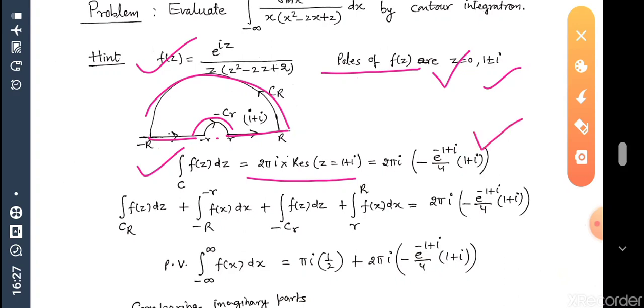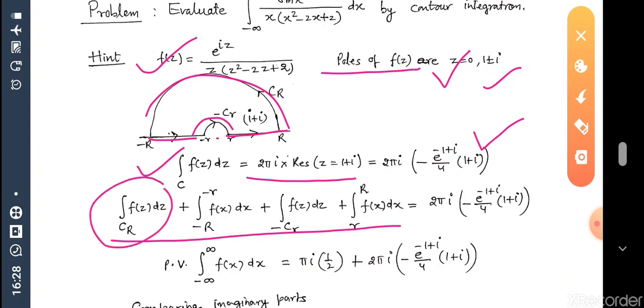So we calculate this value, and then we put the value of the integration over C of f(z) dz as the sum of 4 integrations: over C_R of f(z) dz, then from minus R to minus r of f(x) dx, then integration over minus C_r of f(z) dz, and then from r to R of f(x) dx.